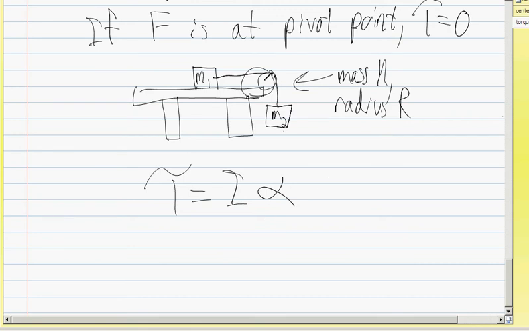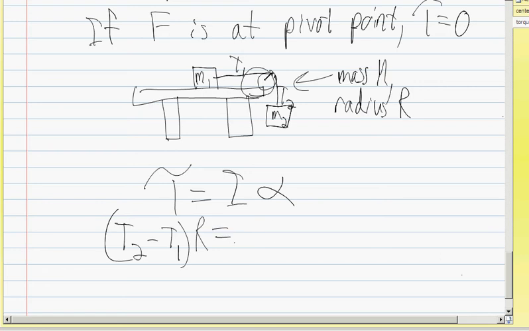That means that the tension here and the tension here may or may not be the same. So we're going to have T2 minus T1 acting through R, the radius, is going to equal the moment of inertia.